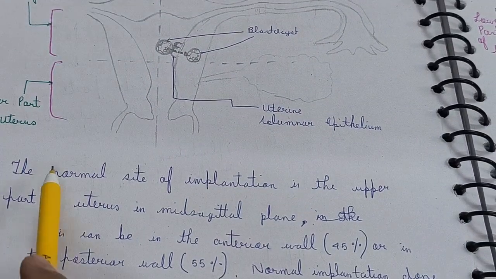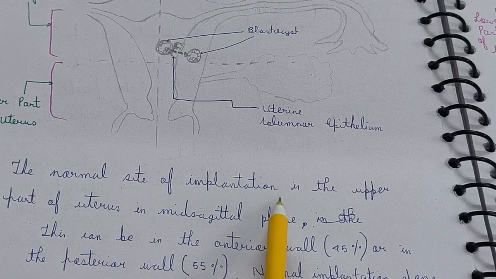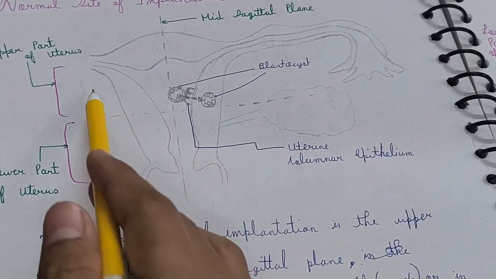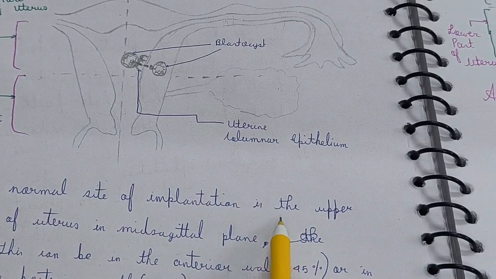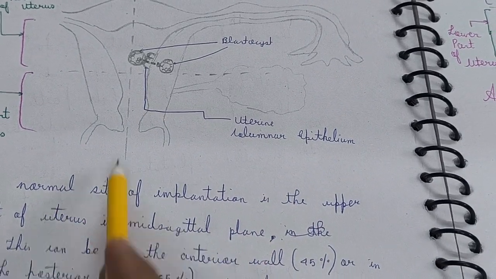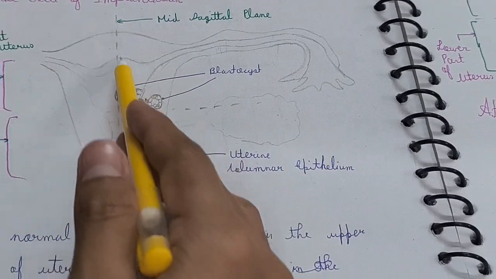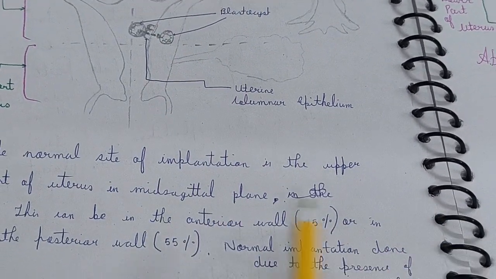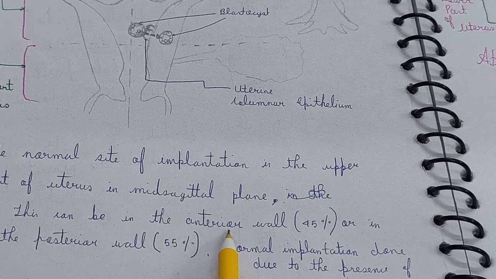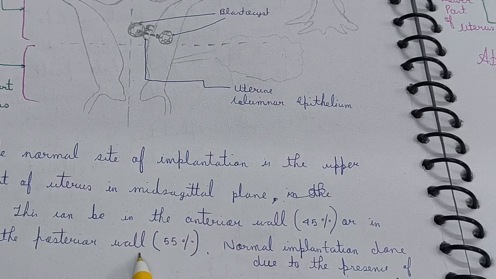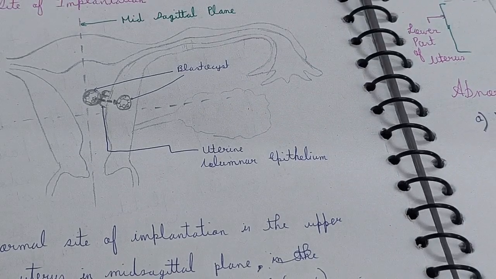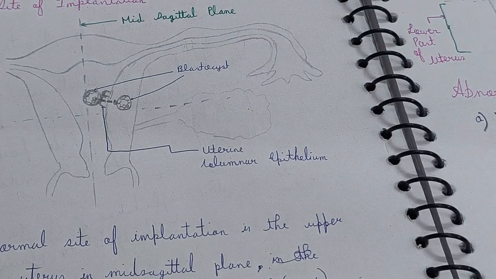So I have written that the normal site of implantation is the upper part of uterus. For further information, this can be in the anterior wall or in the posterior wall.